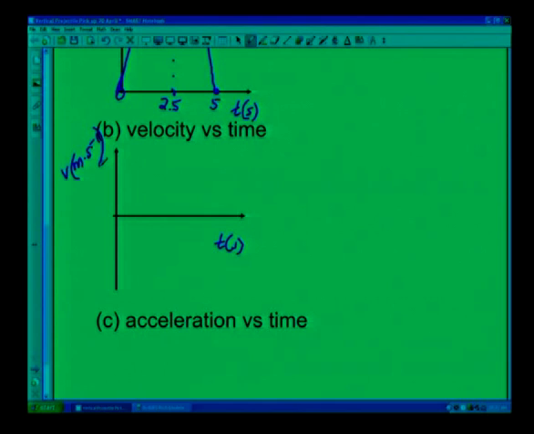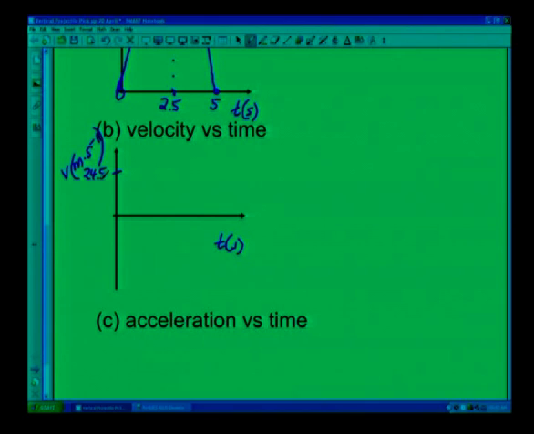Okay. And now this object is thrown upwards at some velocity, and that velocity is 24.5. So 24.5 there. It is positive because upwards was positive, okay? And when it begins to come downwards, it will be negative.